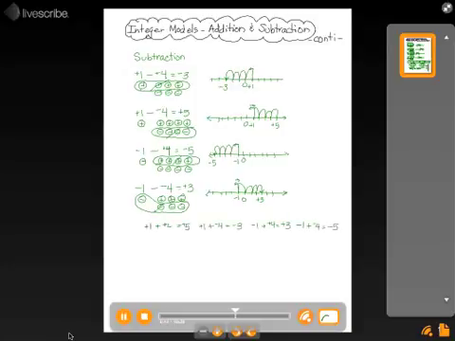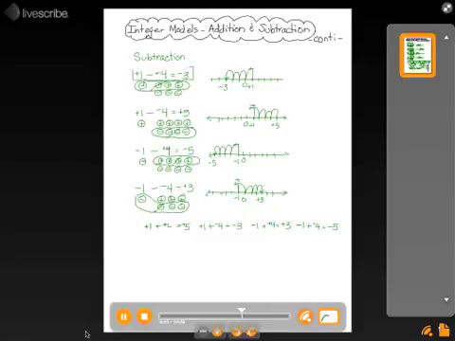So let's recall some of our answers from our addition problems, and let's make some comparisons. Remember that +1 plus +4 is equal to +5, and +1 plus -4 is equal to -3, and -1 plus a +4 is equal to a +3, and a -1 plus a -4 is equal to a -5. Well, let's look at our problems and see if we can find matches.